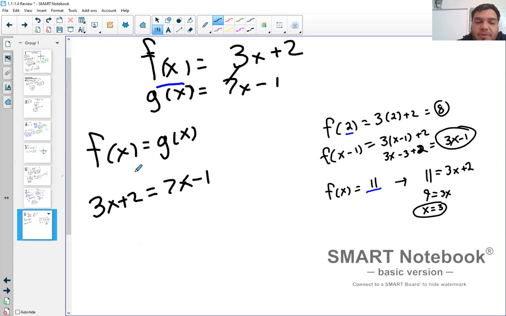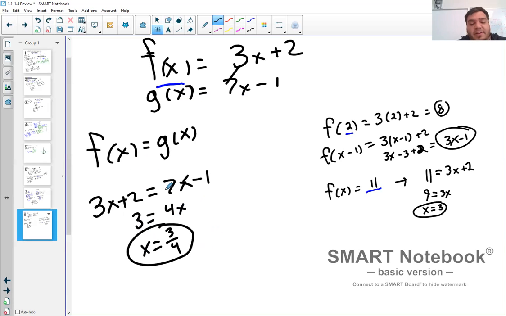So all I do is set them equal to each other. Then I solve like an algebra problem. 3 over here, 4x over here. X is going to equal 3/4. So if I have f of x and g of x, that must mean they're equal to each other.